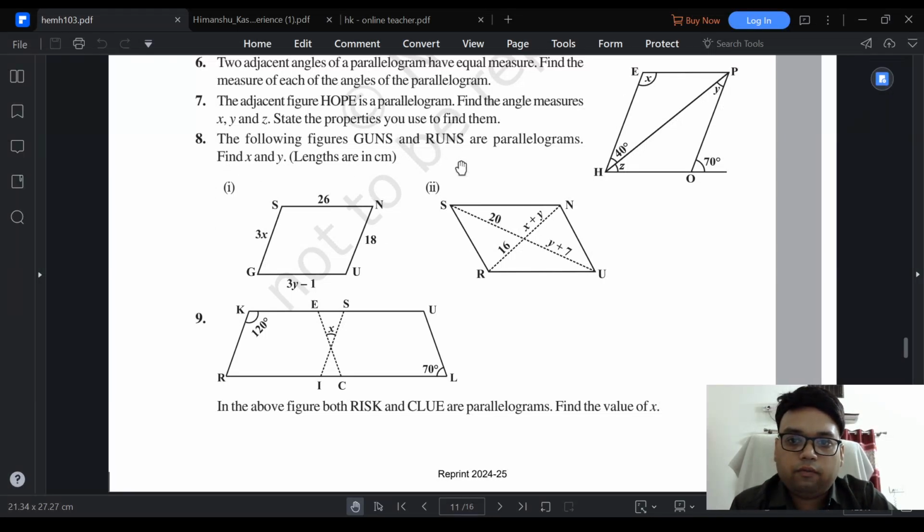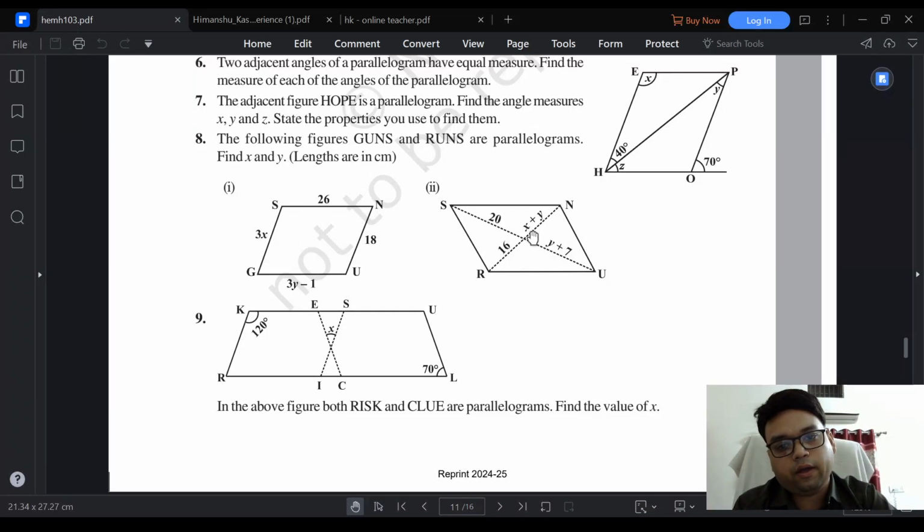The following figures, guns and run, are parallelograms. Find the value of x and y. This is simple. Here we are using the property that diagonals bisect each other, therefore 16 equals x plus y and y plus y equals 20. Here we have one equation and one unknown. We are able to solve and get the value of y.